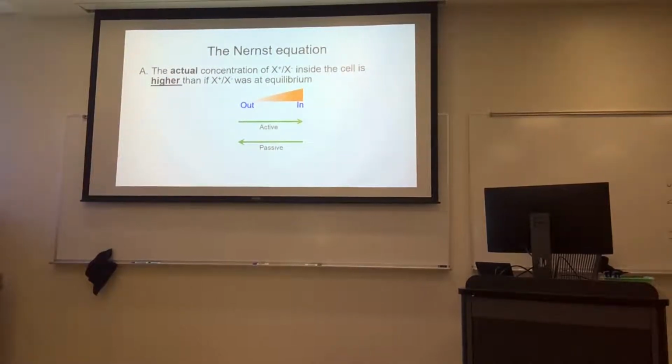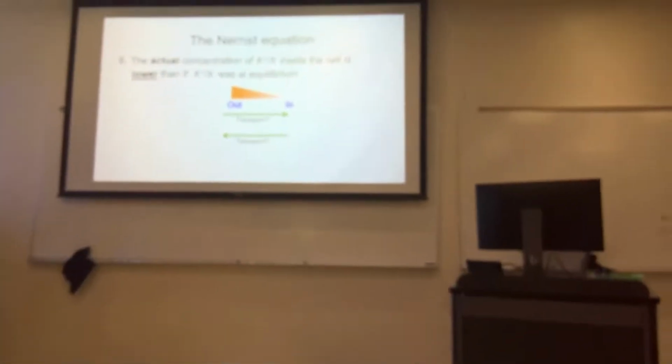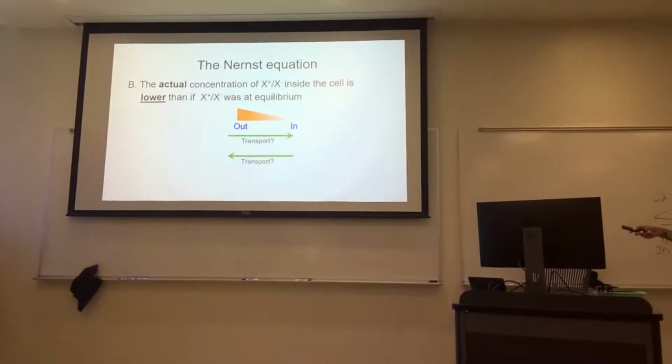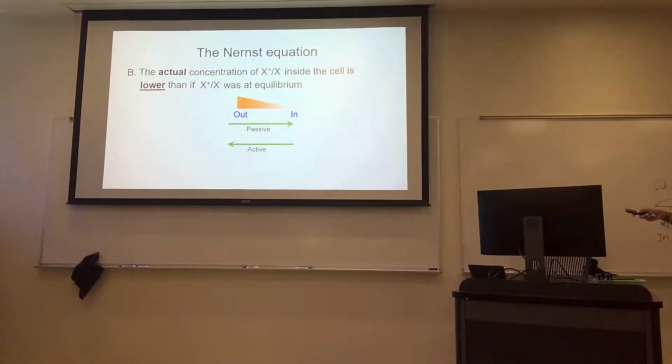The other option is that the actual concentration is lower than it would be at equilibrium, and then this is how your gradient will look. So you're going in by passive transport and leaving by that. So that's what we're going to be figuring out. Is it higher than at equilibrium, or is it lower than at equilibrium? How are we going to solve for that?